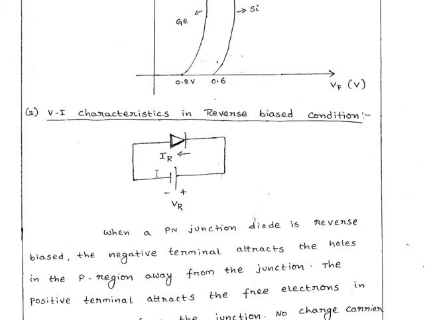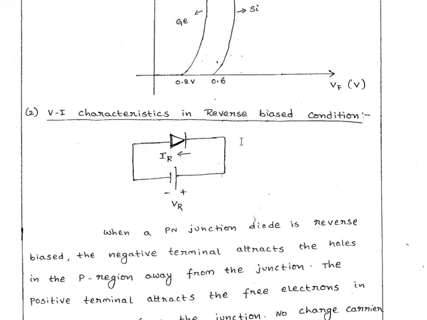That is, if we increase this battery voltage, the reverse bias voltage, what happens? The holes present in the p-type region will be attracted very fast, and the electrons present in the n-type region will be attracted fast towards the positive terminal.